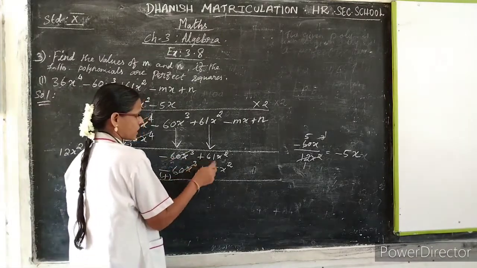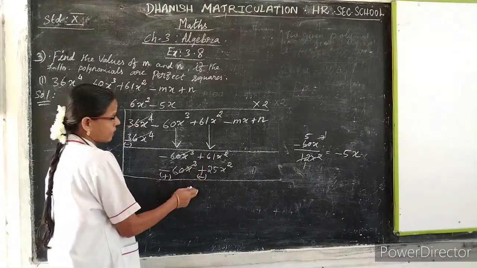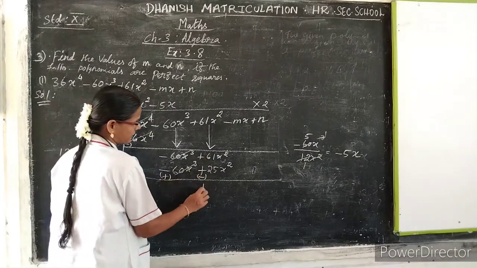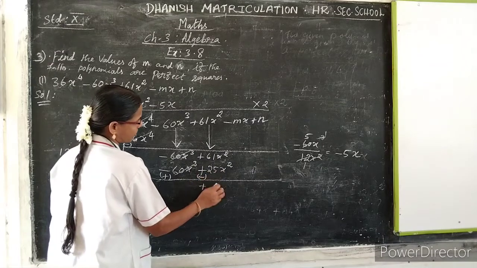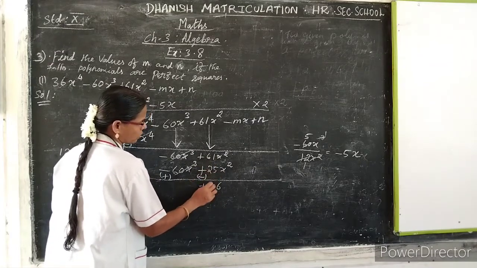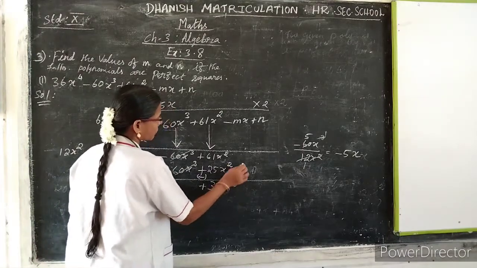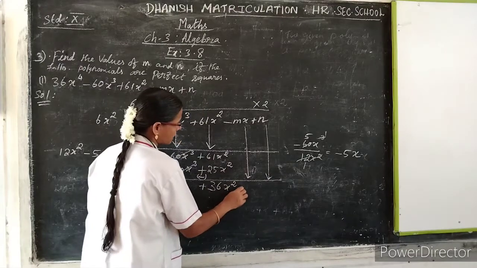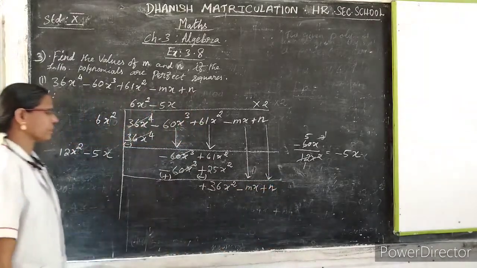Here plus 61 minus 25, the sign changes; write the greater number's sign and subtract. The greater number is 61, that sign is plus. Now subtract: 11 minus 5 is 6, 5 minus 2 is 3, the 36x square term. Now write these two terms here: minus mx plus n.